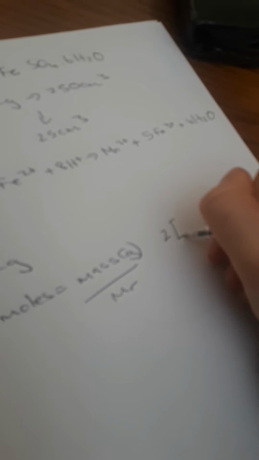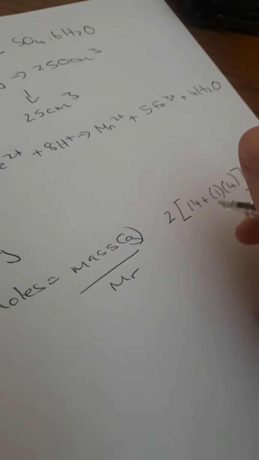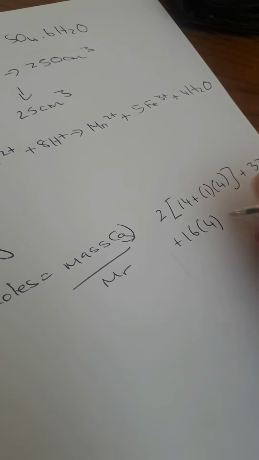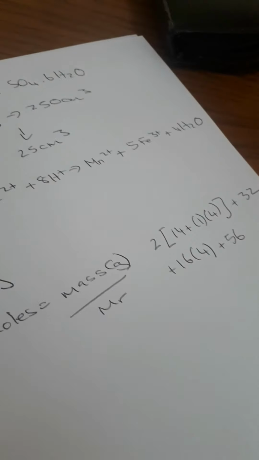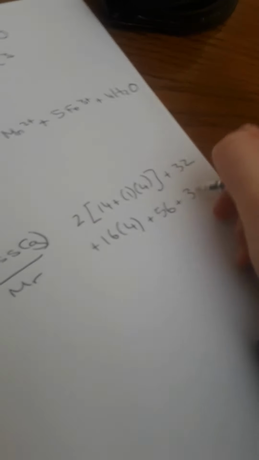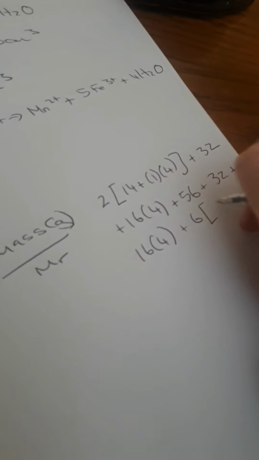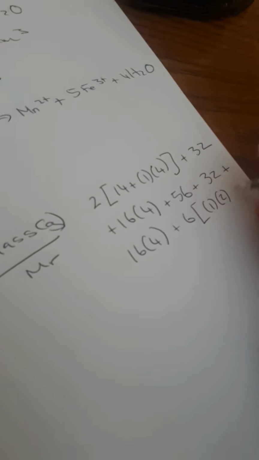And if we look here, we're getting our relative molecular mass of all of this. So it is 2 times NH4, N is 14 and hydrogen is 1 by 4, plus 32, which is sulfur, plus 16 by 4, plus iron is 56, plus sulfur is 32, plus oxygen is 16 by 4, plus 6 times H is 1 by 2 plus oxygen.